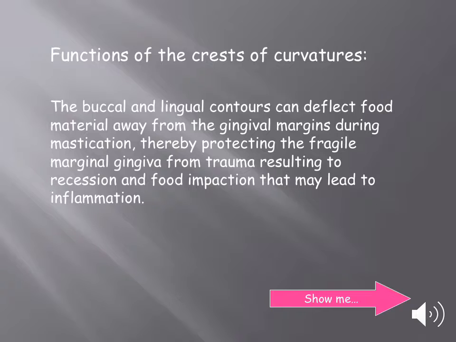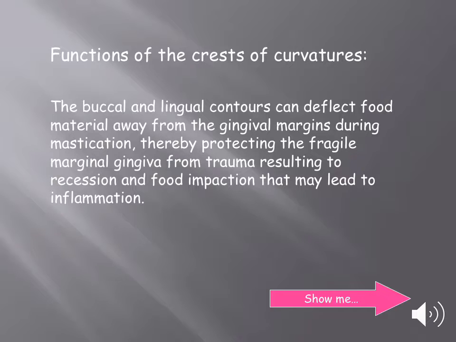So, I already mentioned it, but what is the function of the crest of curvature? As it says here, those contours, those bulges, deflect the food material away from the gingival margins during mastication. In so doing, it protects the marginal gingiva, which is very fragile, from the trauma that can result from the food sliding down the gums.